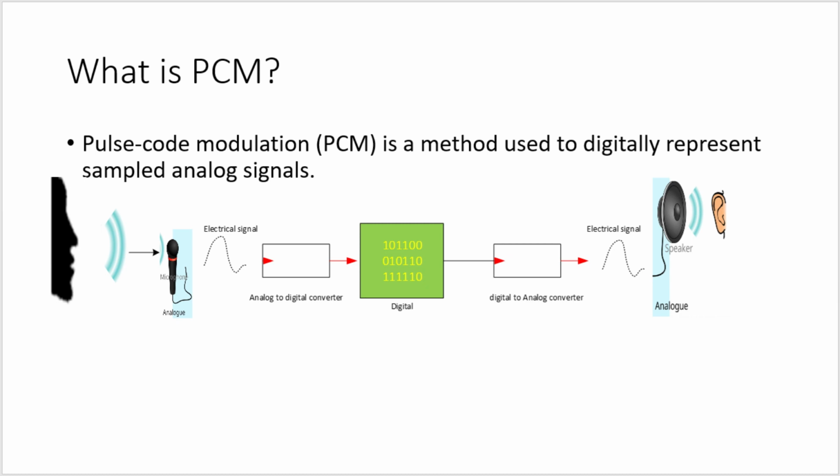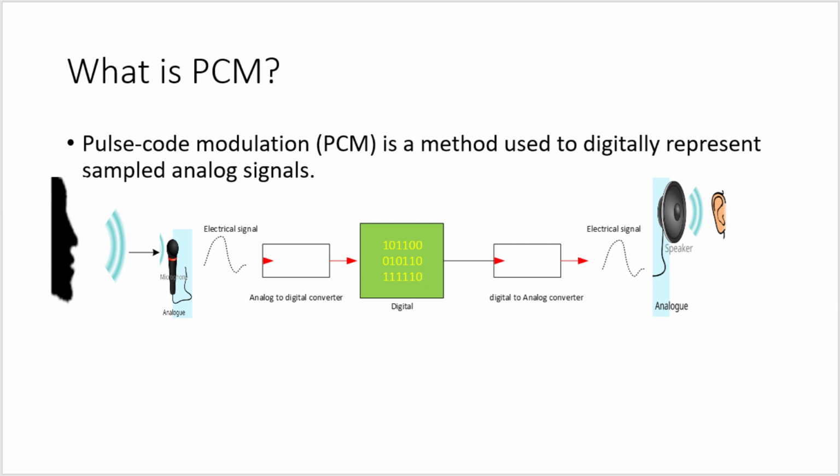Look, the PCM looks very difficult because it consists of many techniques, like sampling, quantizing, and pulse modulation, but it is a very simple process. Pulse code modulation is a method used to digitally represent analog signals.